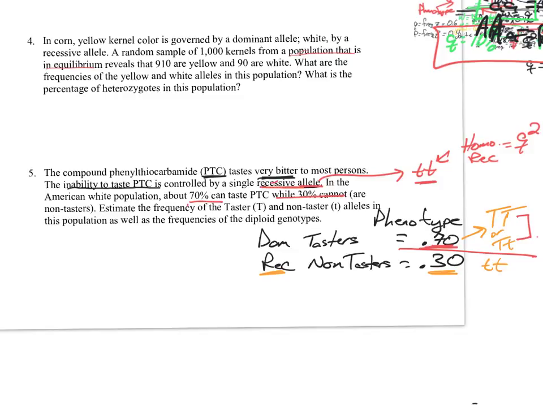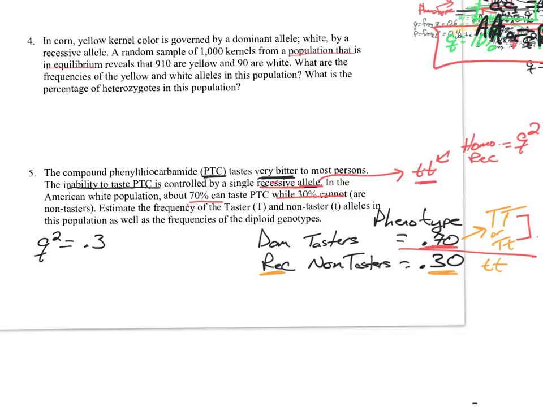What do I know about that, Omarion? It's recessive. What else do I know? That's q squared. So I got q squared, and that got me where I need to go. All right, so q squared equals 0.3.